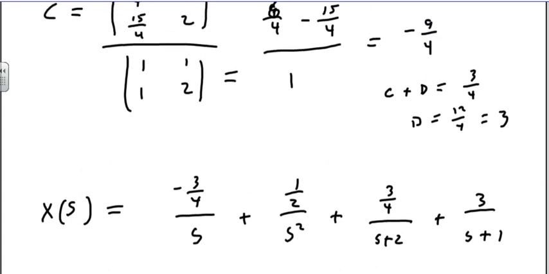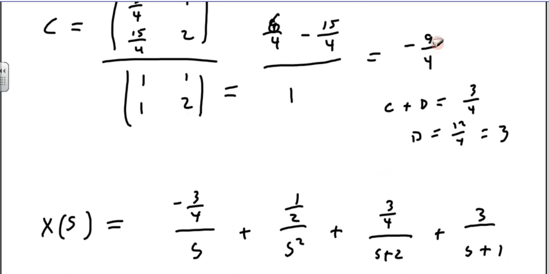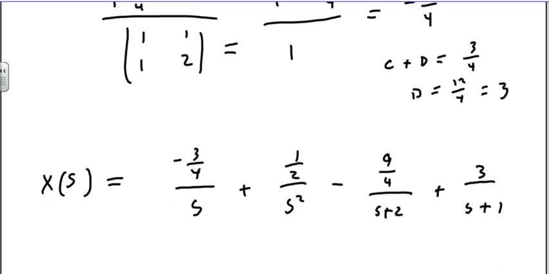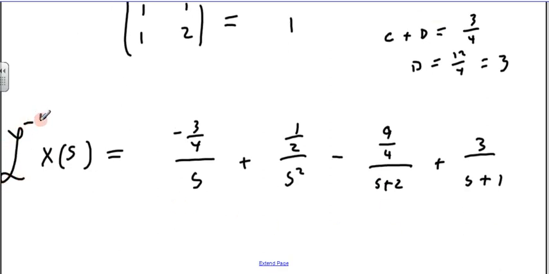And C is minus 9/4, so we'll change this to minus 9/4. Isn't that convenient? Okay, I'm going to take the inverse Laplace transform of all that. We're going to use number 5, and number 6 and 7.